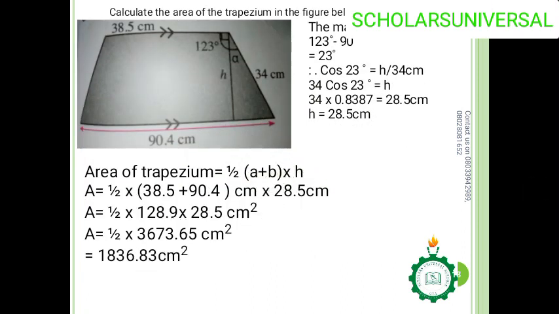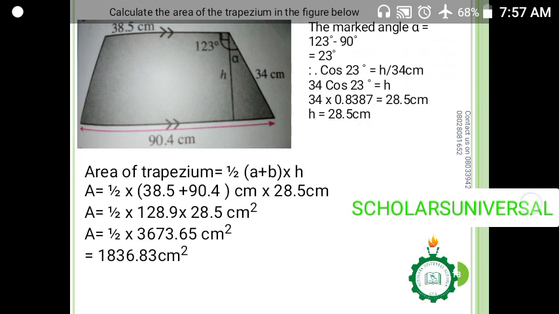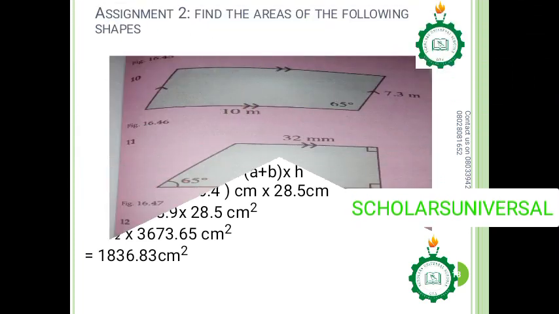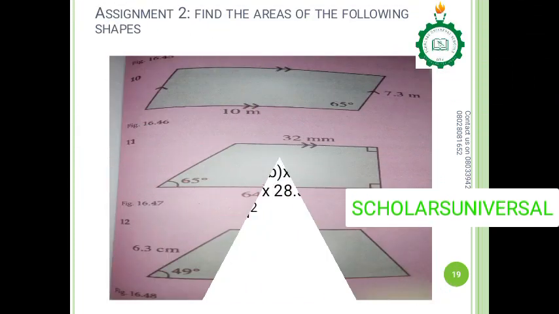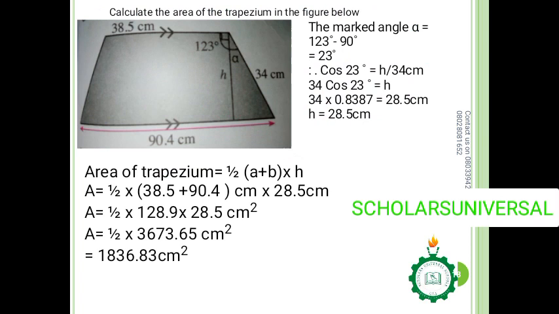Another example, find the area of the trapezium in the figure below. We want to find the area of the trapezium. So here we have angle 123 degree. You will see 90 degree at this edge. Can you see the 90 degree? So that means 90 degree plus alpha gives us 123.